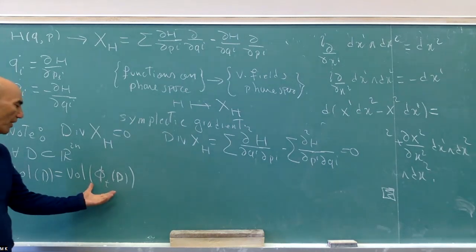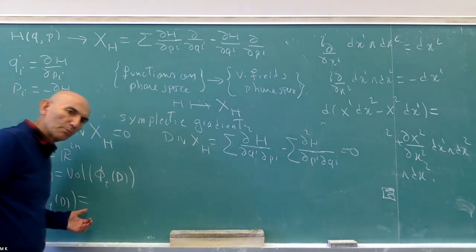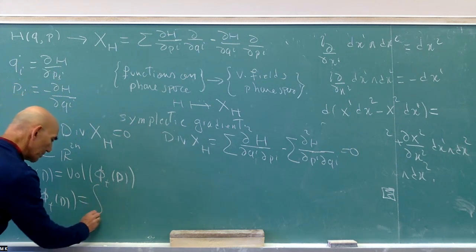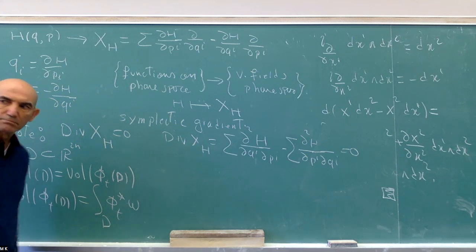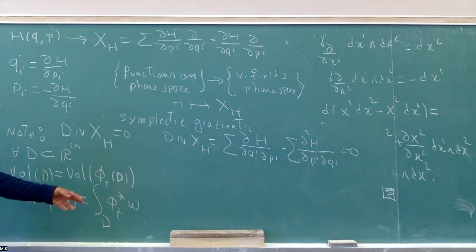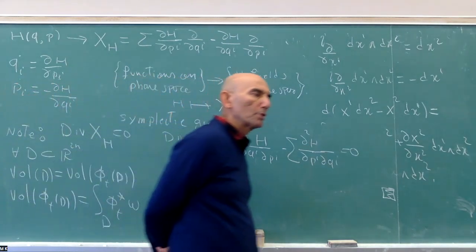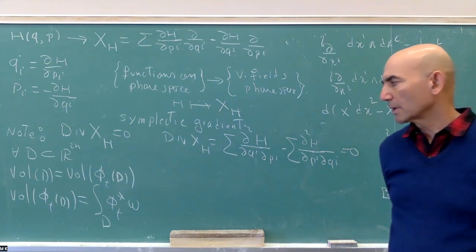But what is the volume of phi_t of D? This is just by the change of variable formula in multiple integrals. This is equal to the integral over D of phi_t star of omega. We just put back the volume form and integrate. That's the Jacobian formula, if you want. It's written in a slick differential form way, because phi_t star of omega is the Jacobian of phi_t times omega.